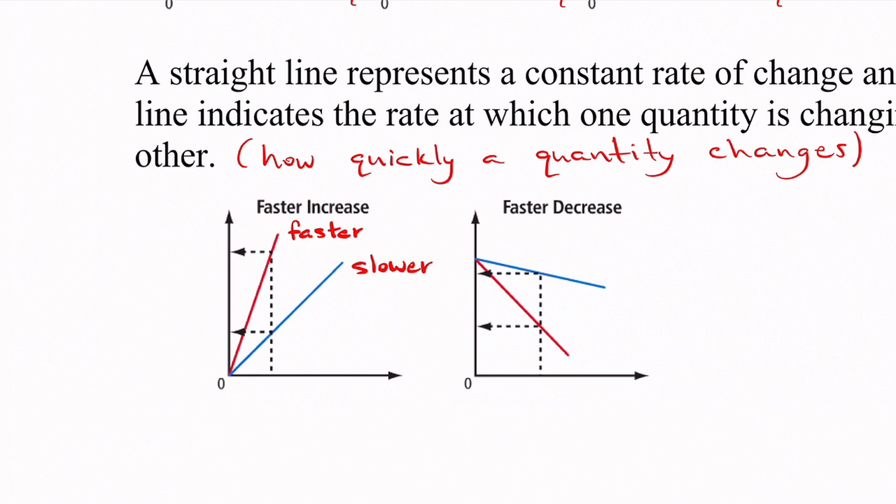Okay, so that was an increase, or we could have a decrease where they're going down, and we can see that blue line is slower, it's less steep, and the red line is faster, it's falling a lot quicker. Okay, so steepness tells you how quickly something is changing in relation to another.